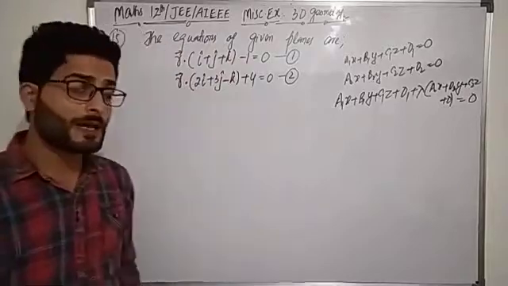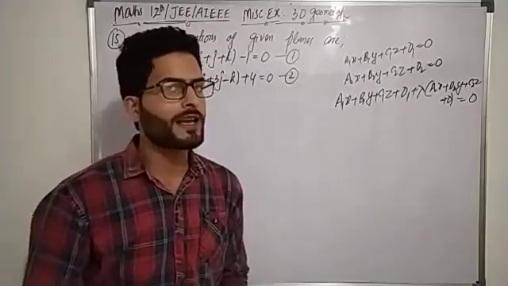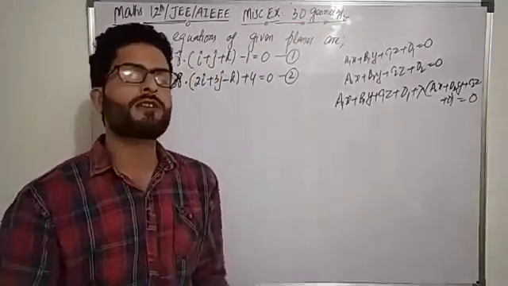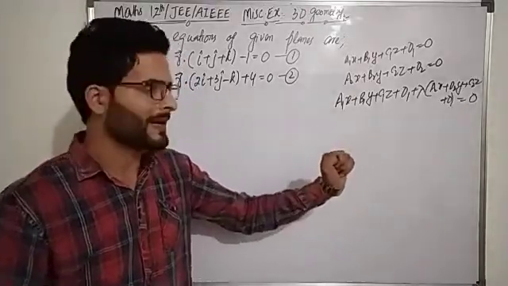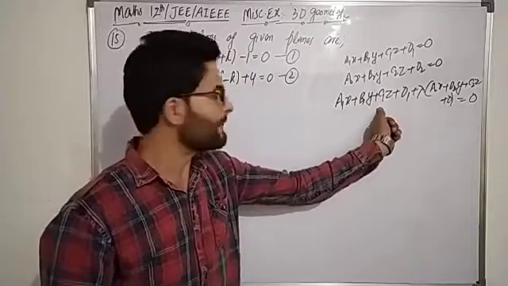Means we have to take a linear combination of these two planes and equate it to 0. That would be the equation of the third plane which is passing through the line of intersection of planes first and second. But that equation is in Cartesian form.